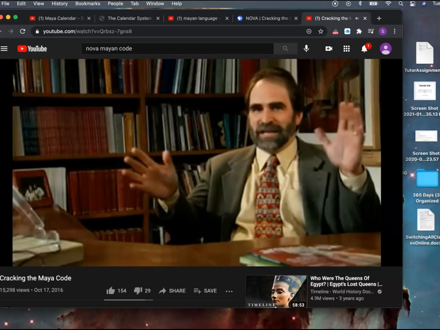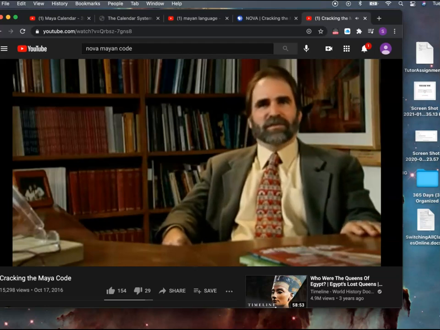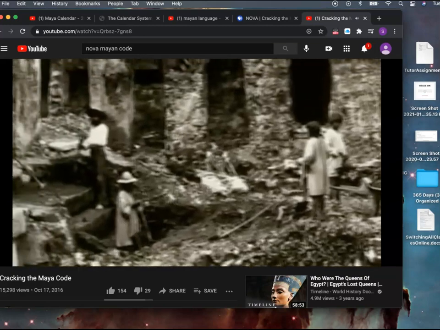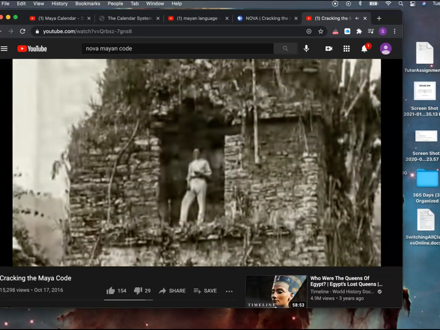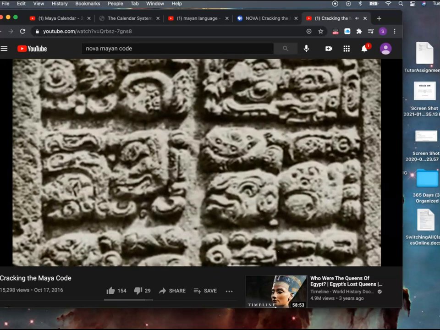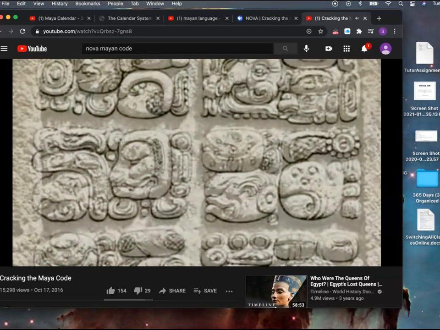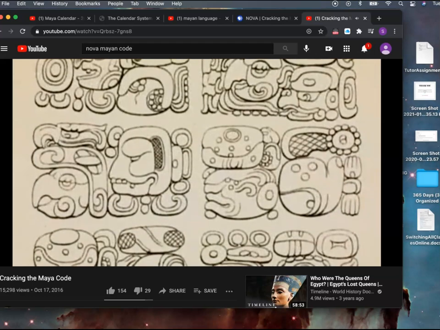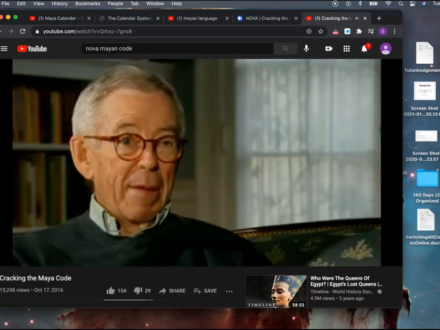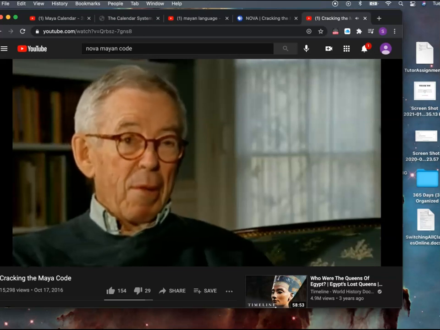Well, it wasn't that way when he got there. He had to set a lot of people to work clearing these areas so that he could get decent photographs. Maudsley's photos captured the hieroglyphs in exquisite detail. If you're going to deal with an ancient body of inscriptions and try to crack an unknown script, you have to have a really good record, and he was the first one to make it.